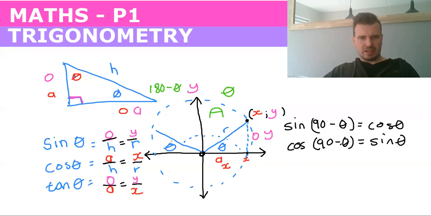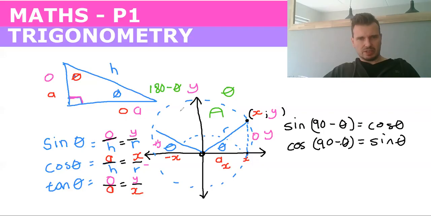And if we look at x and y in this quadrant, we see that x is negative, but y is still positive because it's on the positive axis. So in this quadrant, x is negative, so cos would be negative and tan would be negative, but sine would still be positive.